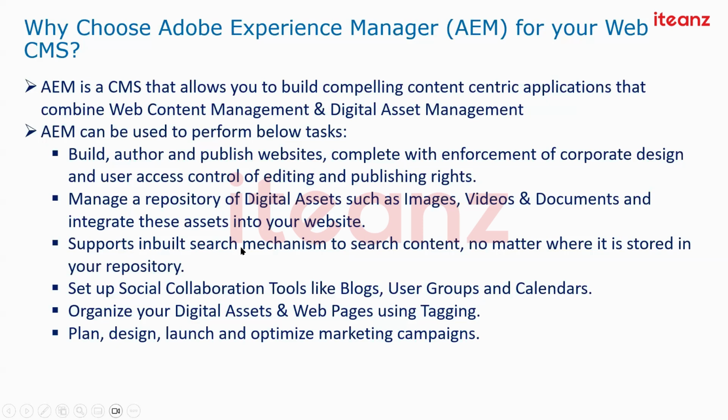Okay, and we have the search mechanism built in, out of the box, available to us, where you can search your content in your repository easily. And with the latest, it has come with smart tagging and a lot of AI features included as well. So the latest offering is, even if you upload just an image, it will try to smart tag it automatically.